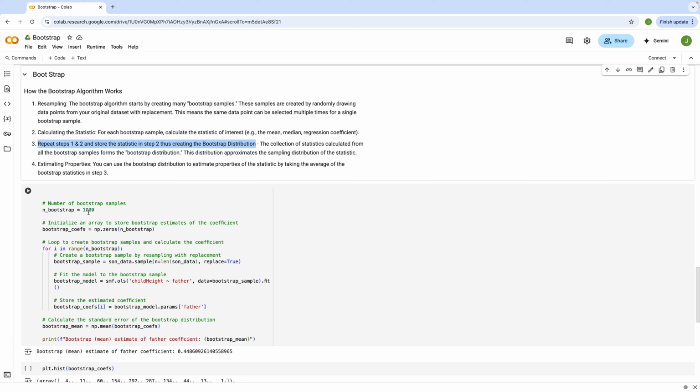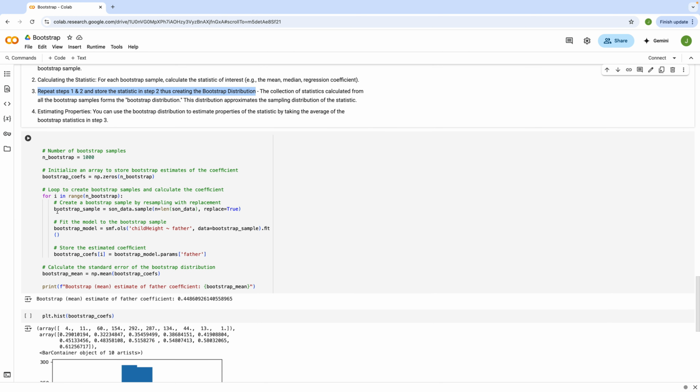So here it's 1,000 times that we repeat it, and based on these data points generated in steps 1 and 2, we can calculate the distribution.